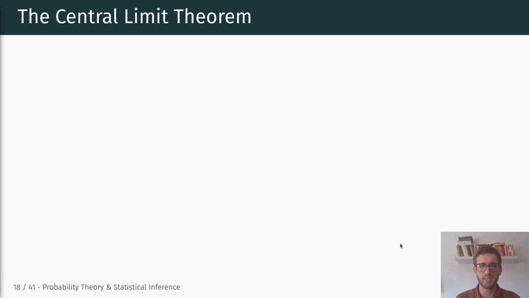We can directly specify the shape of the sampling distribution for large sample sizes. Okay, and that's what ultimately the central limit theorem allows us to do, right?